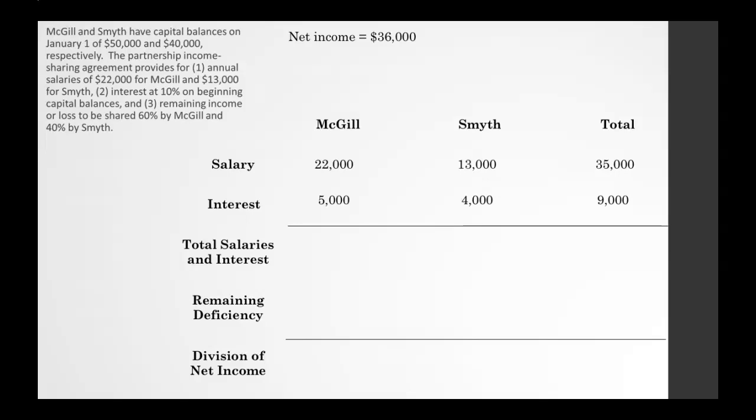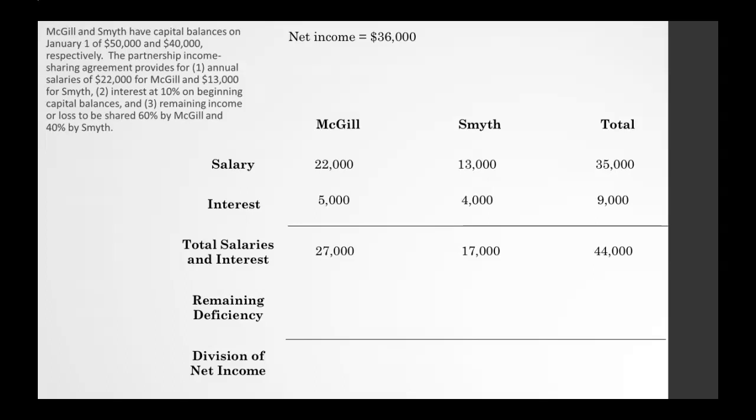So we still go 50,000 times 10% for McGill, 40,000 times 10% for Smith. Your total salaries and interest, it's the same as before, right? Because our salaries and interest did not change. So up to this point, everything remains the exact same as what we saw in our last part. What changes is this next piece.